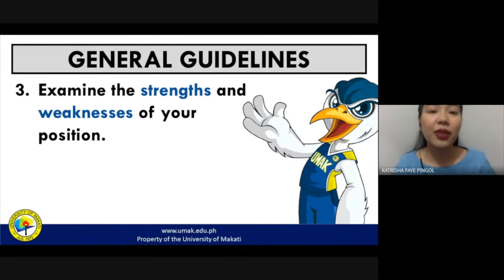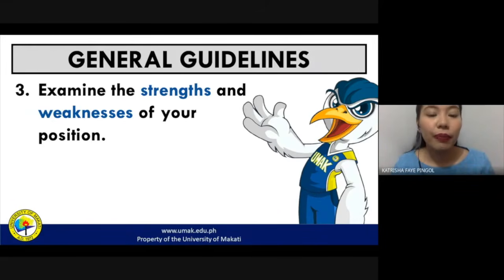Next, you need to also examine the strengths and the weaknesses of your position. Now, every position that we take is not going to be perfect. People would be agreeing, people would be disagreeing with that. Once you present that particular position, you have to identify where it will fail in terms of you explaining your position and where it will have the upper hand.